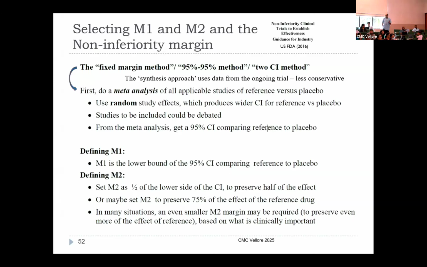They may choose whatever. They may not follow the FDA. They may do more stringent or less stringent. It's up to them. Every country does whatever they want. But as I said, most pharma will follow the US.